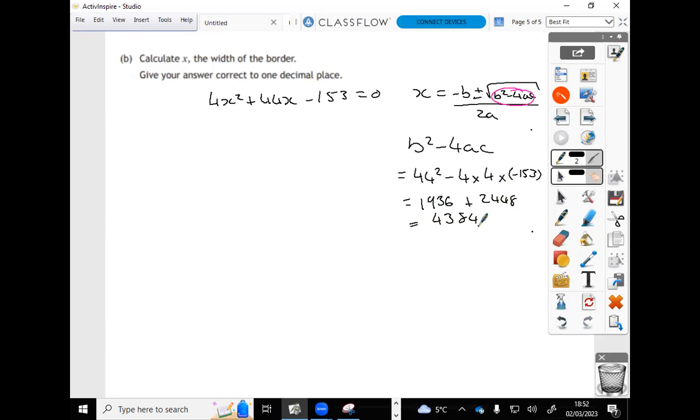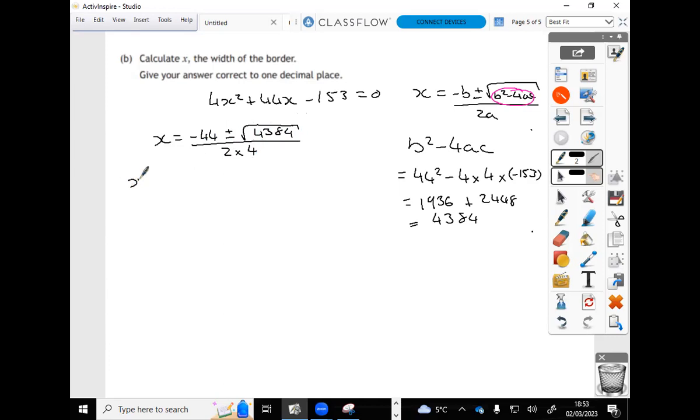I can sub that in now. Where I've circled in pink there, I can substitute that in and make it easier for myself. So x equals negative b, which will be negative 44. 44 is my b term, and remember, I need to change the sign of that. Plus or minus root 4384 all over 2 times 4.